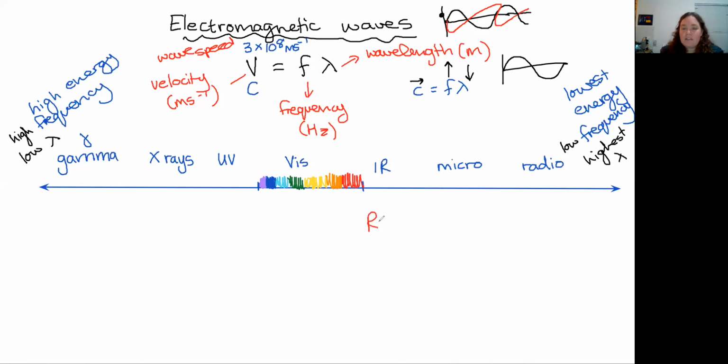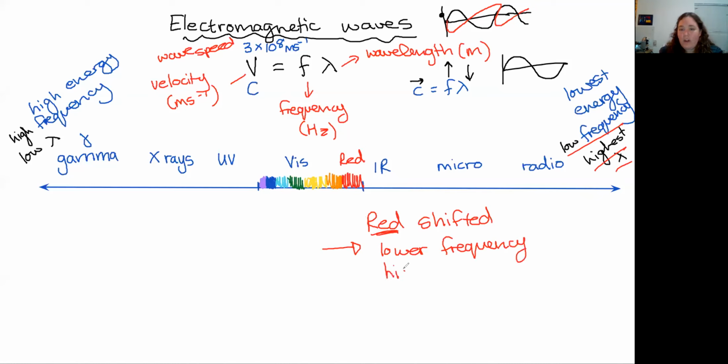When we say that something is red shifted, it means that its spectral lines on the full continuum of colors will be shifted towards the red end. The red end over here is going to be the low frequency and the high wavelength side. So anything that's red shifted will have a lower frequency and a higher, or longer, wavelength.